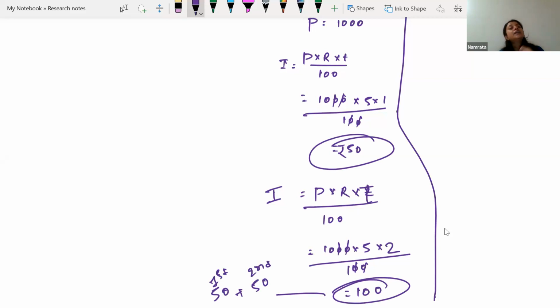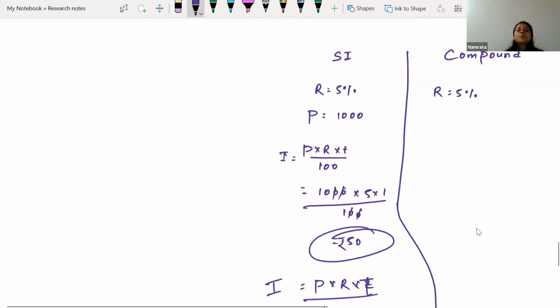If you go directly and pay after 3 years, it will be 150. If you go directly to the bank and pay the simple interest after 4 years, it will be 200 rupees. So for every year they will be charging 50 rupees, 50 rupees, 50 rupees, like that. That is called simple interest. But what about compound interest? It will just keep on compounding.